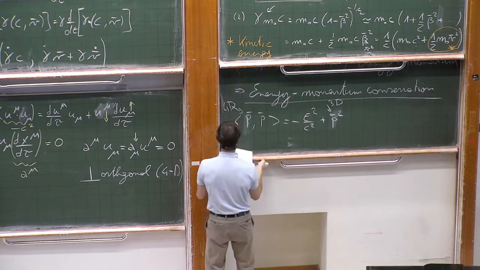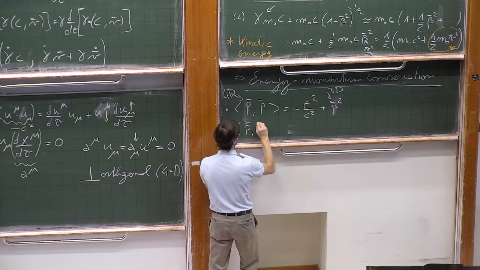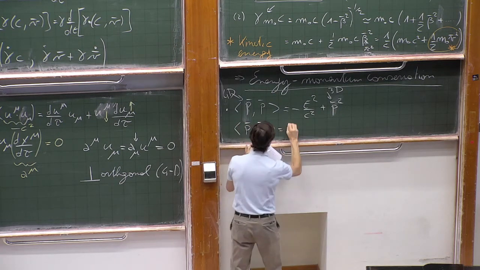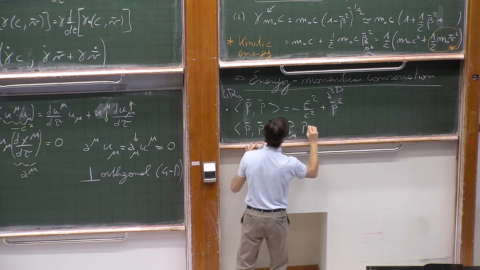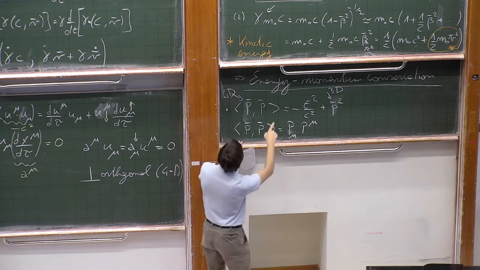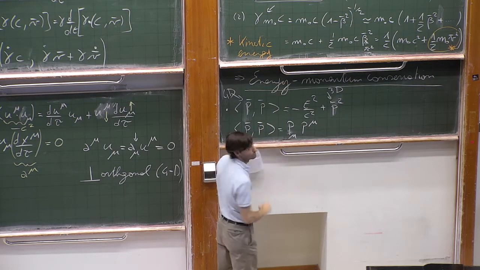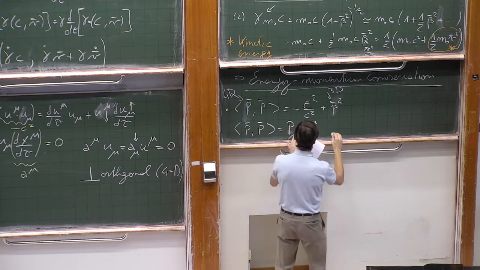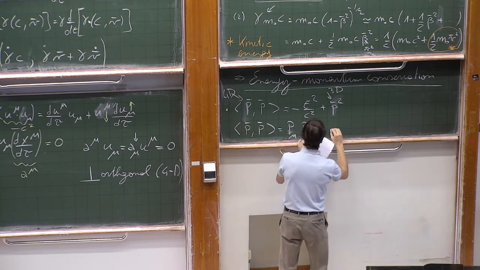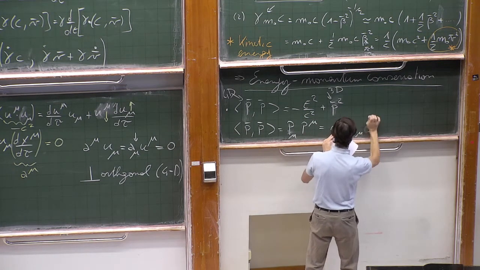And then I can also write it in another way. So we have P, and I write it as P mu. If I'm using the definition that I gave up there, gamma m0 U mu, then what we get is m0 squared U mu U mu.